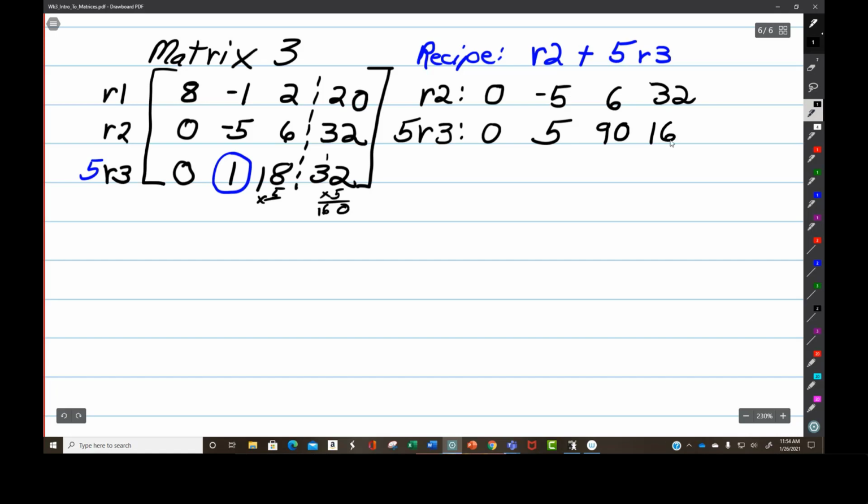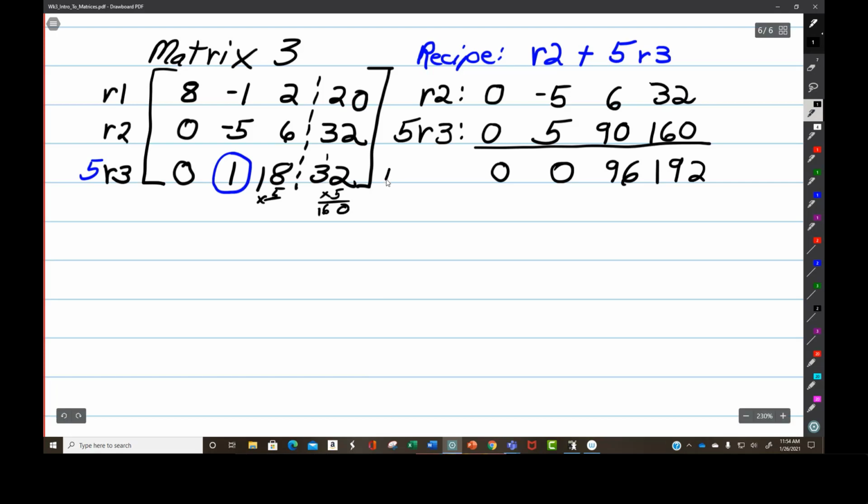This is terrible. I personally hate large numbers. So we get 0, 0, 96, 192.